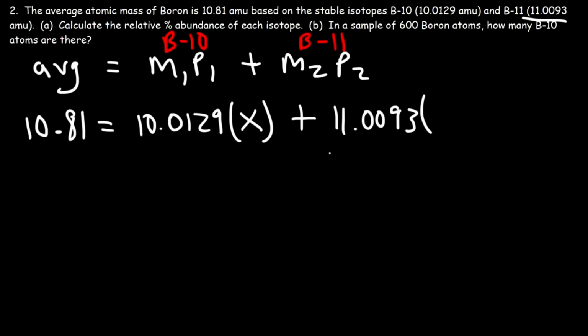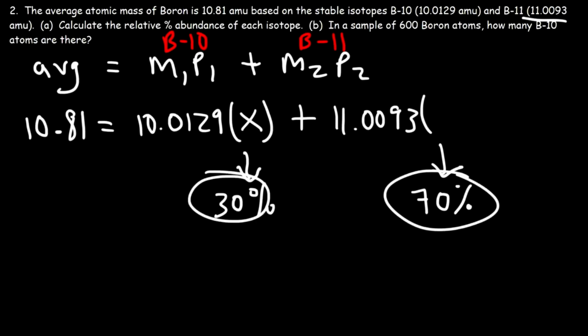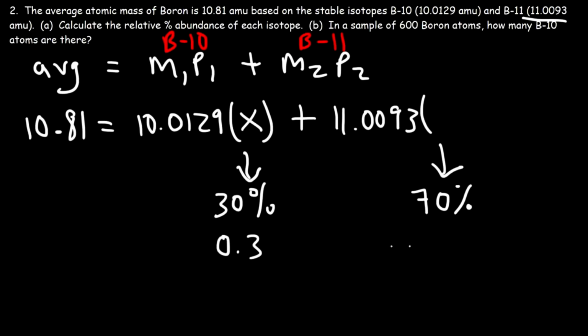What should be the percentage of the second isotope? Let's assume that 30% of the boron atoms are B10. If there's only 2 stable boron isotopes, the other 70% has to be B11, because these two have to add up to 100. We need to deal with decimal numbers, not percentages. So 30% is 0.3 and 70% is 0.7.